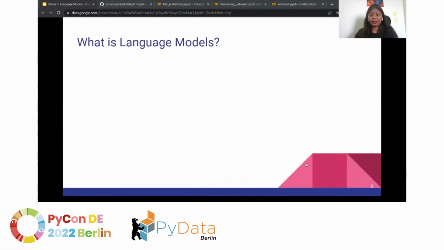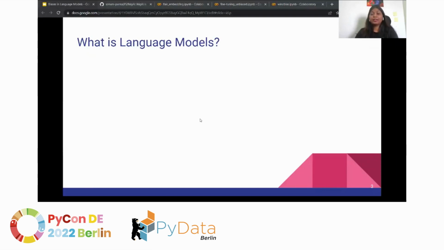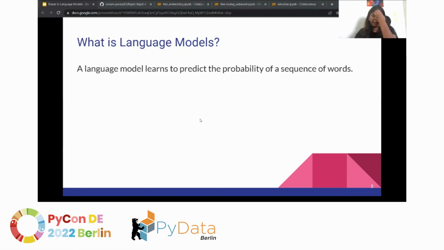So the first question arises: what is a language model? A language model learns to predict the probability of sequences of words. For example, there is a sentence, Tom is a bad cat, and the language model is trying to predict the probability distribution of each word given all the other words in the sentence. There are two typical kinds of language models: statistical language models and neural language models.